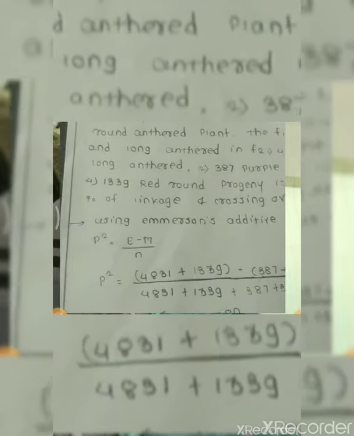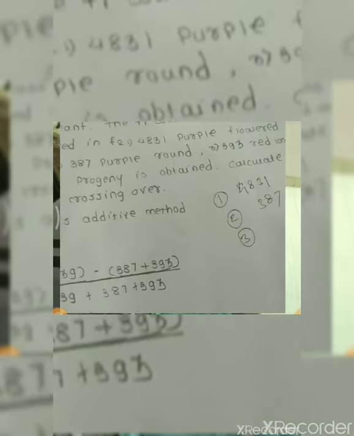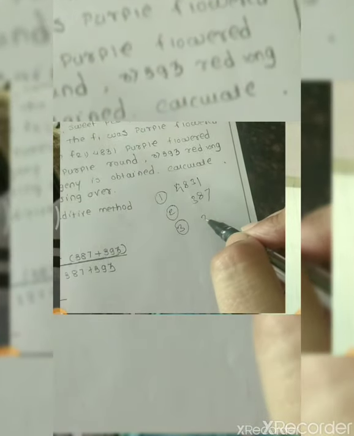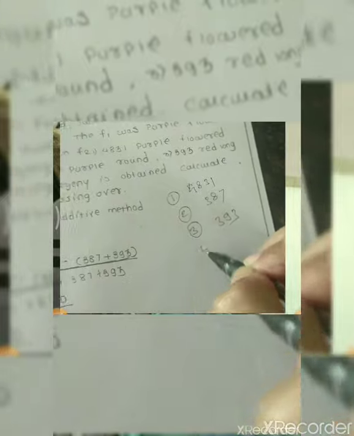The second value is 387, the third value is 393, and the fourth value is 1339.